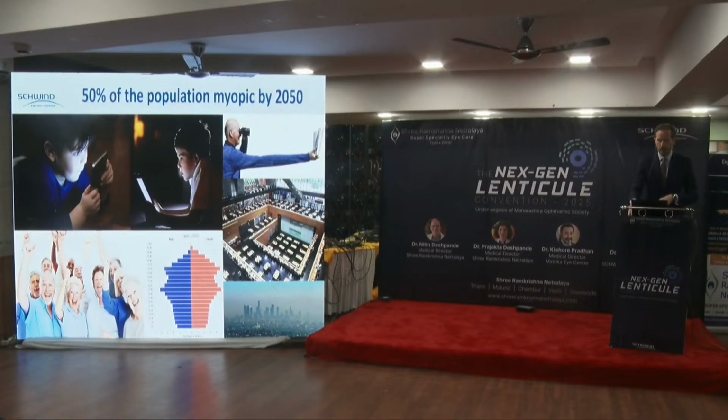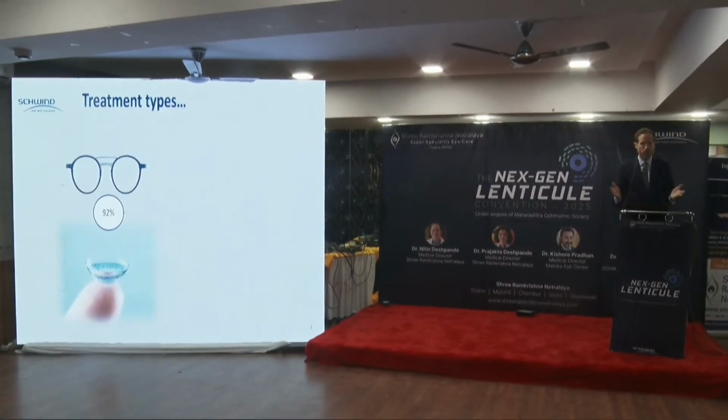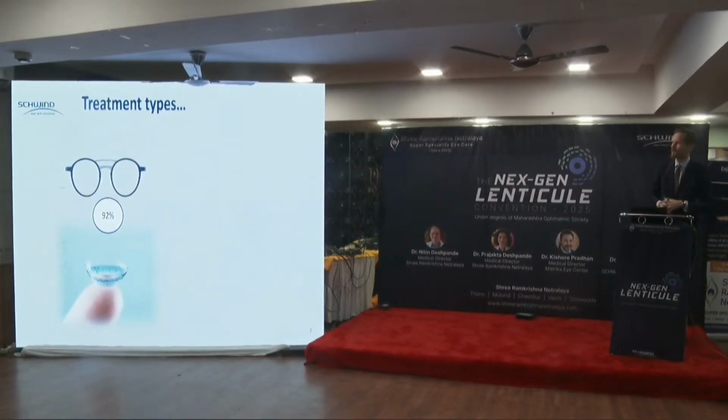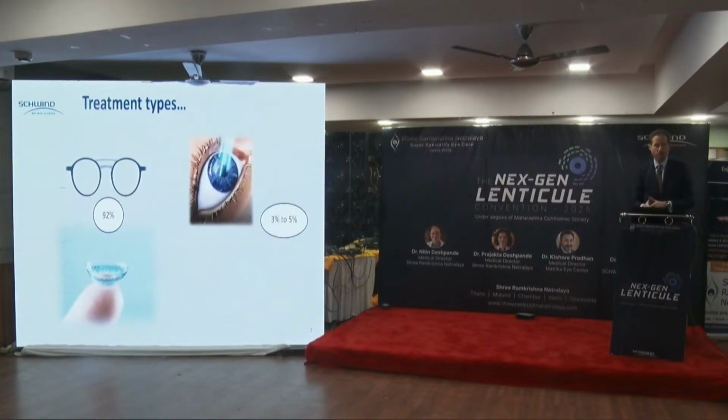As we know, the main treatment options, as Kishore mentioned earlier, are glasses and contact lenses. That's still by far number one. Refractive surgery is increasing, but we are still starting from a relatively small base of somewhere around 3 to 5%.